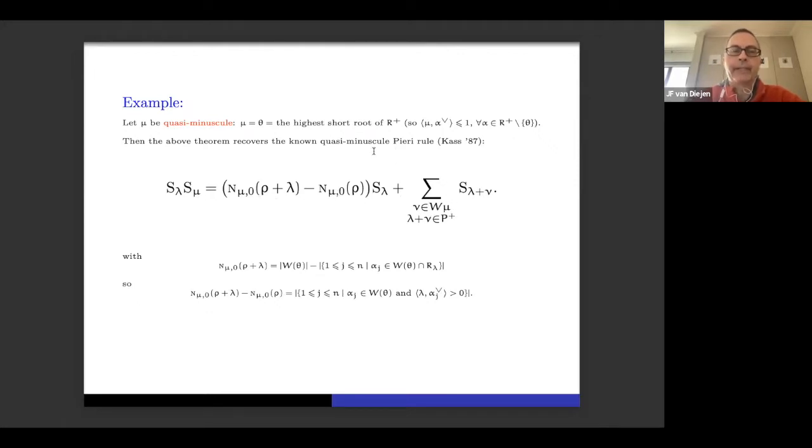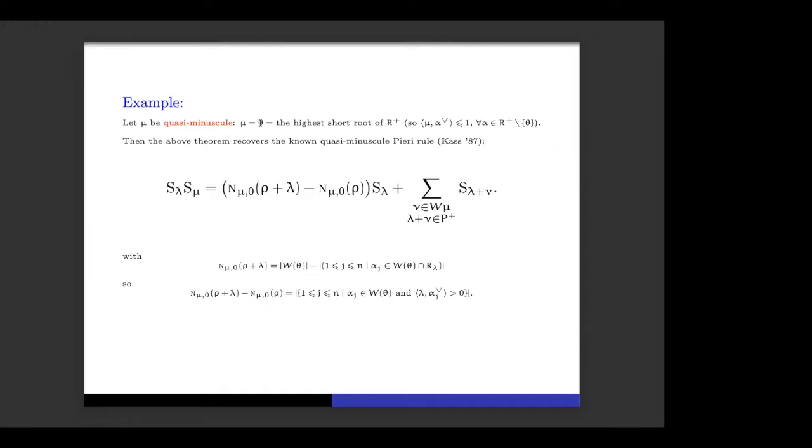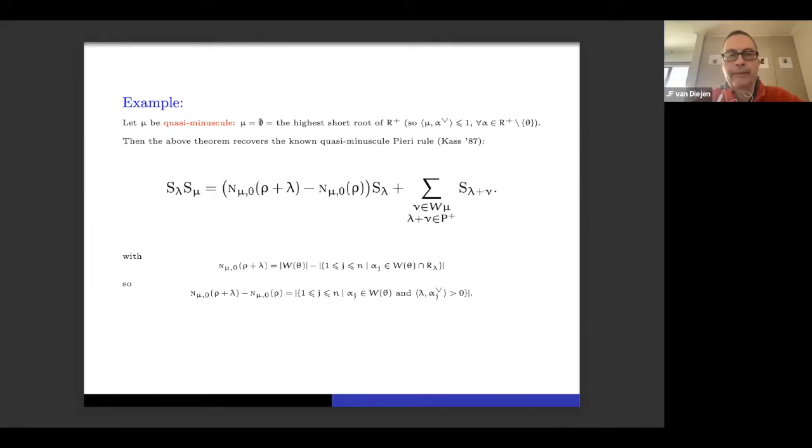The weight system in this case is just equal to the orbit, the W orbit, through the highest short root. So it's given by all the short roots, and the zero weight. So there are only two orbits, and you get in the tensor decomposition the minuscule expression corresponding to the orbit, and here another contribution corresponding to the zero weight.